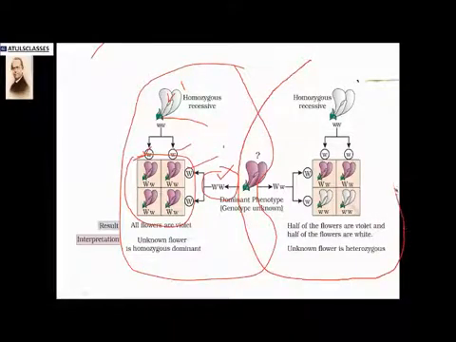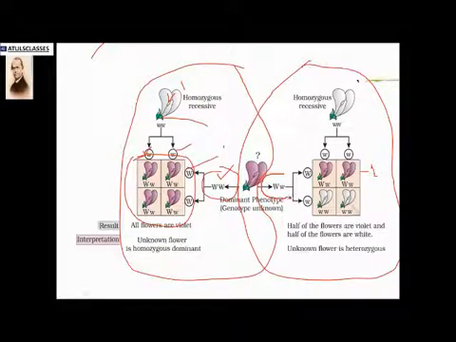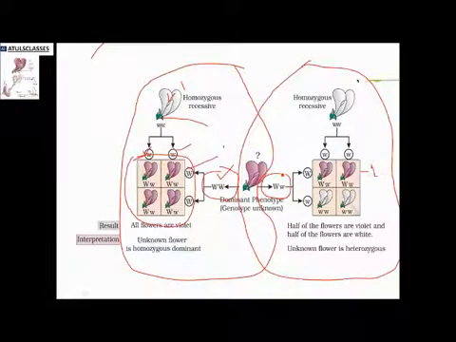If the resulting plants are in the ratio of 1:1, or 50% of them are violet and 50% are white, then it means that the plant whose zygosity we want to find out is heterozygous. That's why the results are obtained like this.